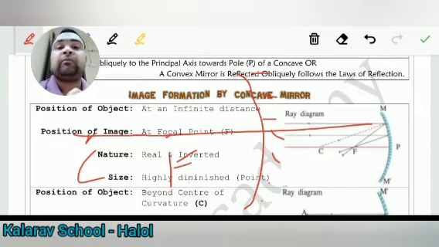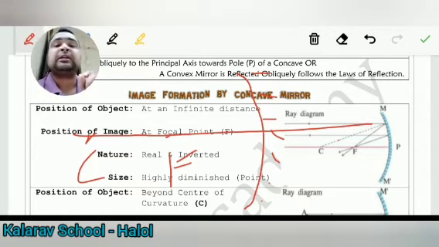Okay, now here your object is at an infinite distance, so there is one condition you have to always recall: if you are taking the object very far, then whatever rays are coming from the object to the mirror, you have to consider always parallel to the principal axis.